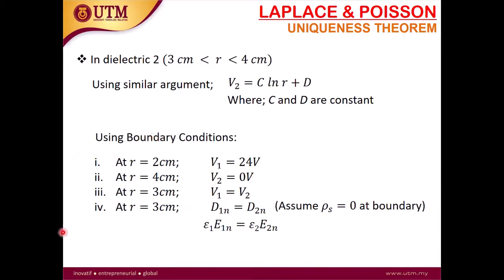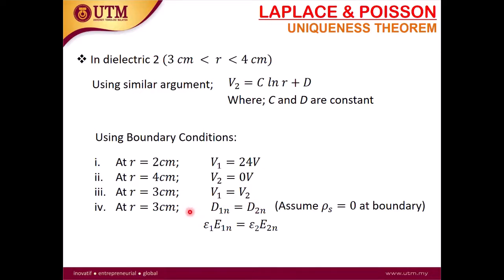So we have 4 conditions here. The first one, at R equal to 2 cm, V1 equals 24 volts because we connect R equal to 2 cm to 24 volts. Then at R equal to 4 cm, we connect to ground, so for V2, V2 equals 0 volts. The third condition, at R equal to 3 cm, which is the boundary between dielectric 1 and dielectric 2, the potential is the same, so V1 equals V2.